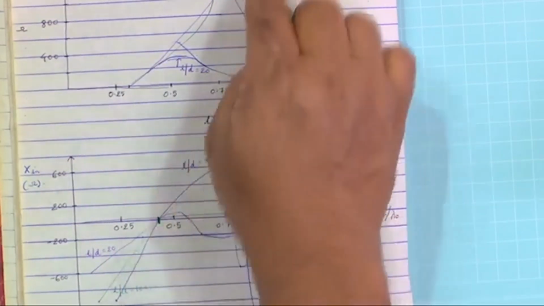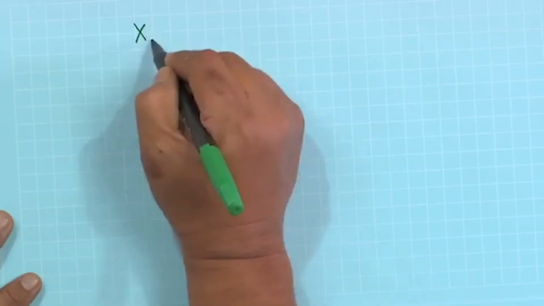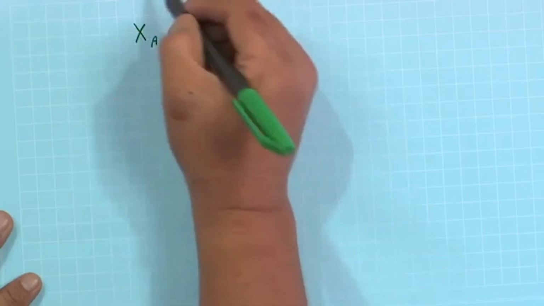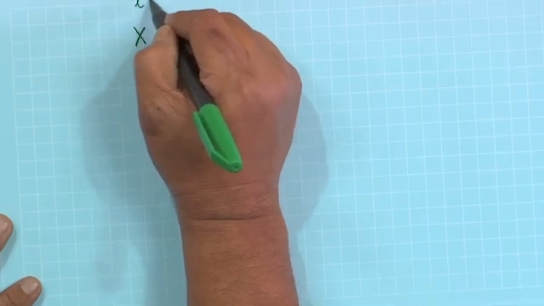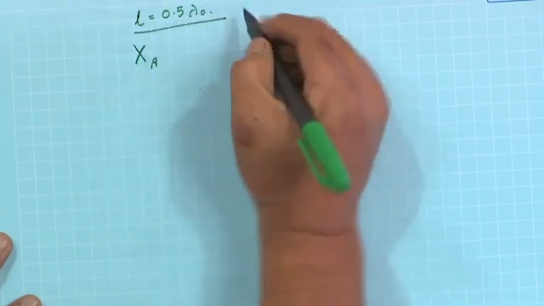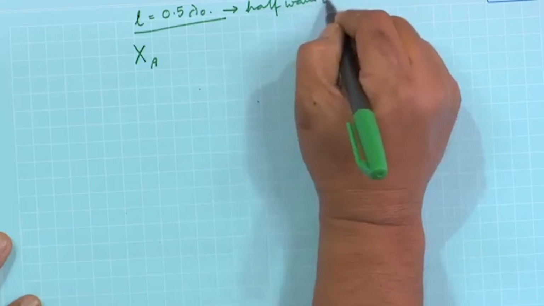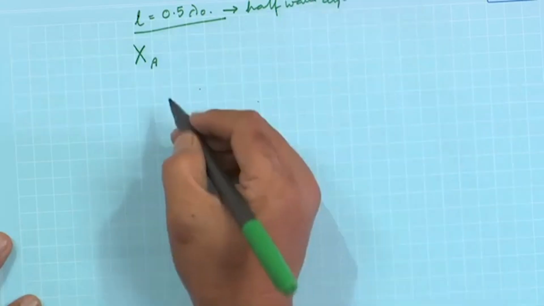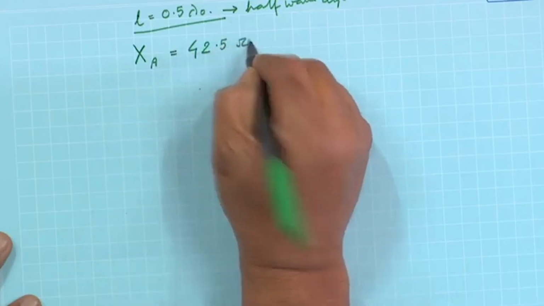So, you see this is a good example. At 0.5, for our antenna, if we have a perfect half wave dipole, that means L is equal to 0.5 lambda naught, then the actual value of X_A is 42.5 ohm.